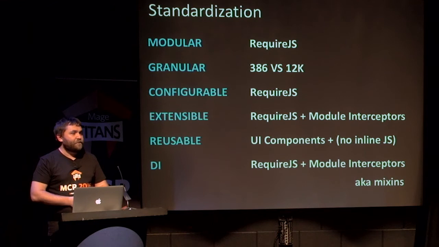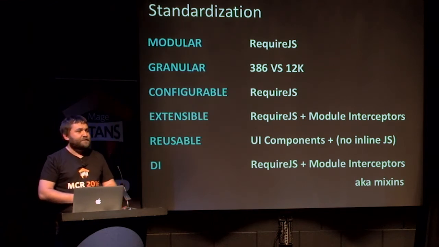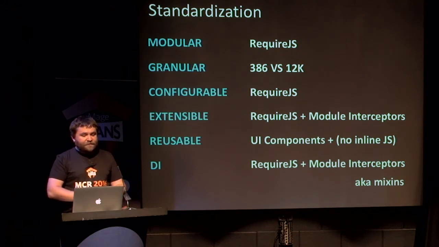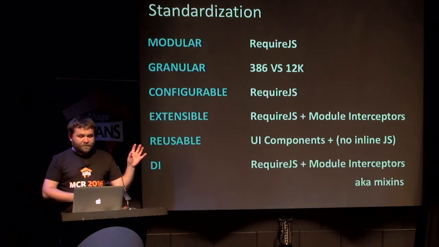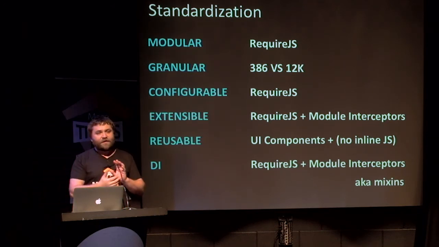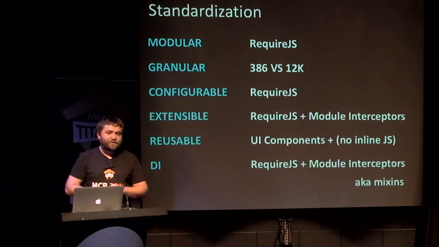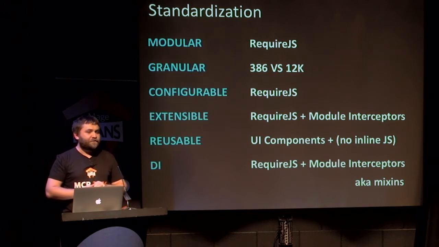At the same time, the module interceptors, which we can also call mixins, maybe some of you already used. These mixins allow you to intercept the moment when a JavaScript module has been created and you can change any aspect of this object. That works the same as on the PHP side of things, where you have dependency injection, plugins and interceptors mechanism, and even more.